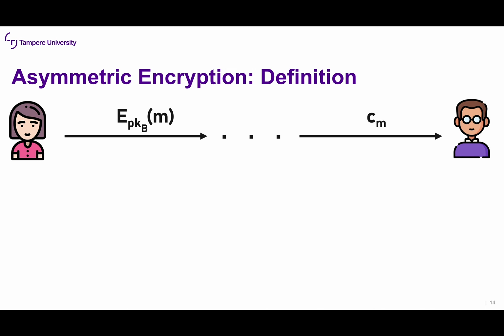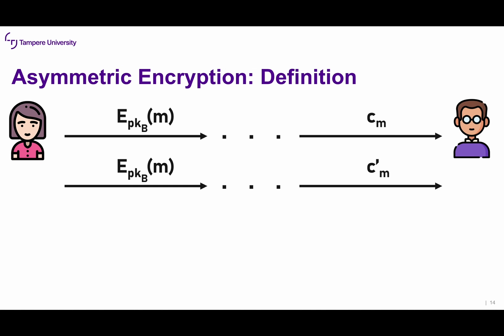Now, we said that encryption in asymmetric encryption schemes is a probabilistic algorithm. So Alice, for example, encrypts a message M with Bob's public key. This generates a ciphertext C of M, and she sends that to Bob. Now, after a while, let's assume that she decides to encrypt again the same message M with the same public key.